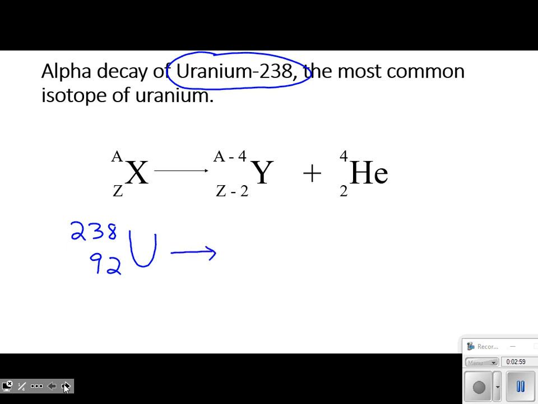As I write my yield sign, I'm first going to do my math. Well, what's 238 minus 4? 234. Last time I looked. 92 minus 2 is 90. What element has an atomic number of 90?